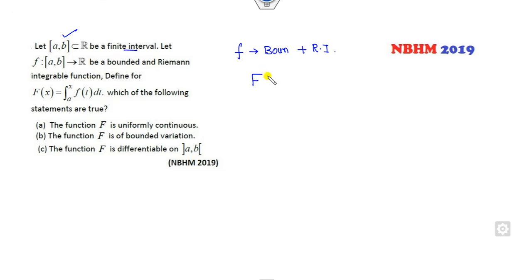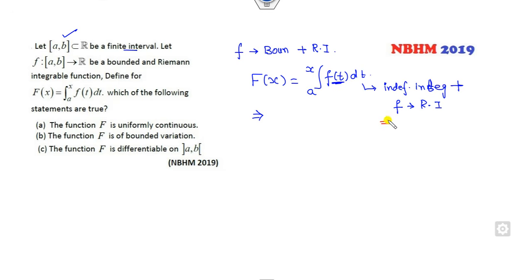Define the function capital F over this domain. Which of the following statements is true? I think that's very simple. Why? Because again, this is my indefinite integral, plus this F is Riemann integrable.